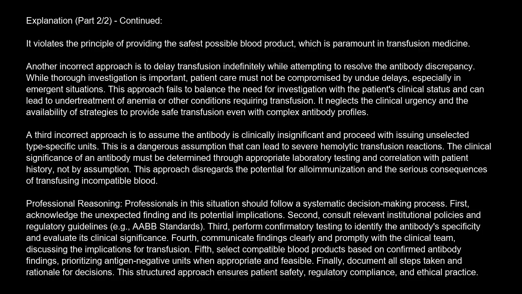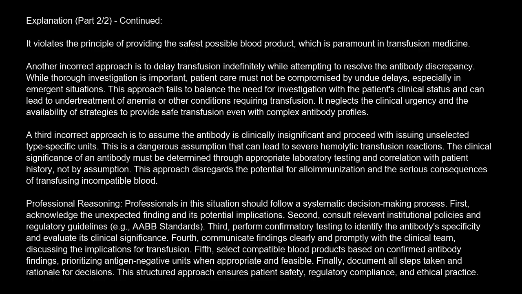Professional reasoning. Professionals in this situation should follow a systematic decision-making process. First, acknowledge the unexpected finding and its potential implications. Second, consult relevant institutional policies and regulatory guidelines, e.g., AABB standards. Third, perform confirmatory testing to identify the antibody's specificity and evaluate its clinical significance.